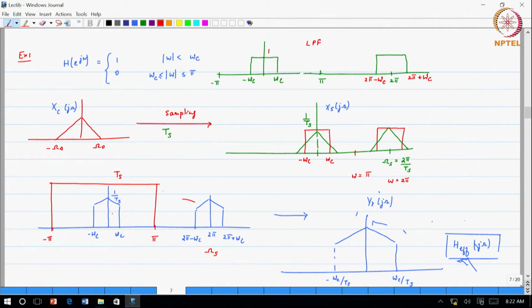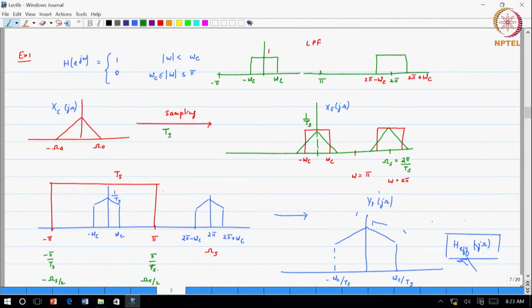So, what you get is periodic spectra which look like this blue figure that we have, and then when you come to the last stage of reconstruction, you multiply it by a low pass filter, which in continuous time frequency corresponds to minus pi over T s to pi over T s, or minus omega s by 2 to omega s by 2.